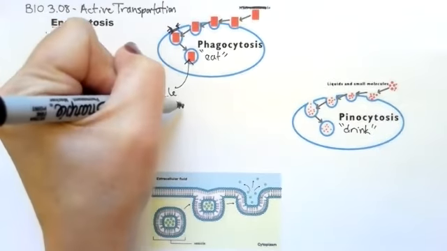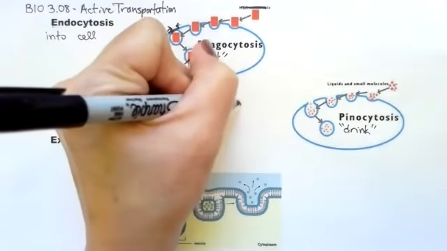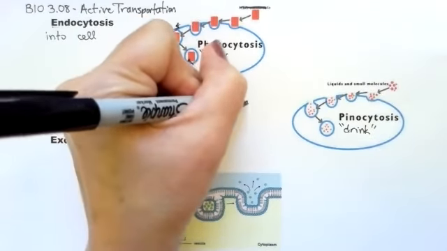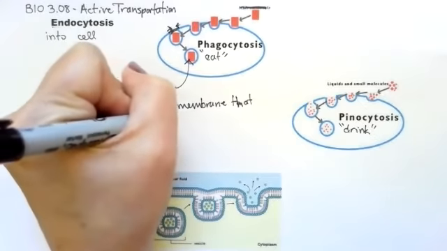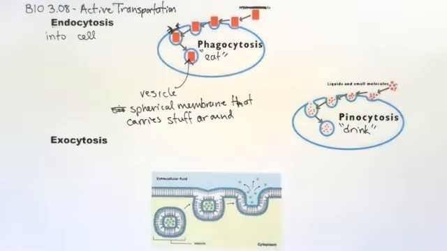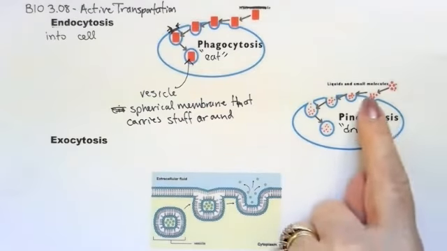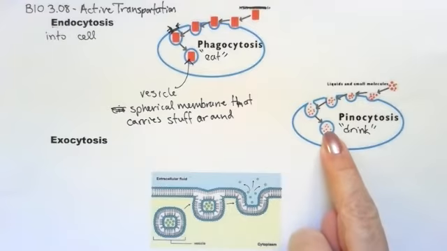A spherical membrane that carries stuff around. So we use vesicles to transport stuff. And we have the same thing happen over here, except with smaller molecules. But we end up with this vesicle with the stuff inside of it.